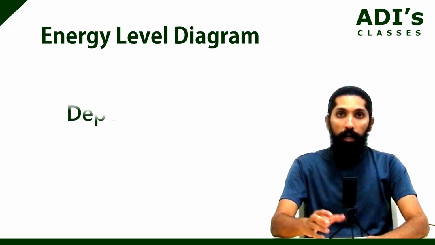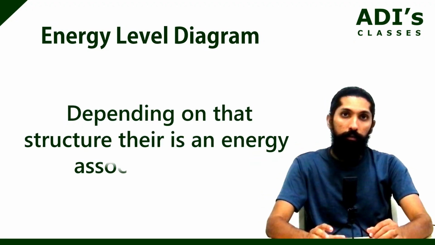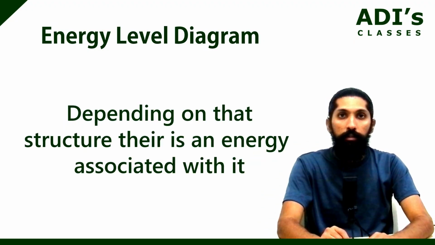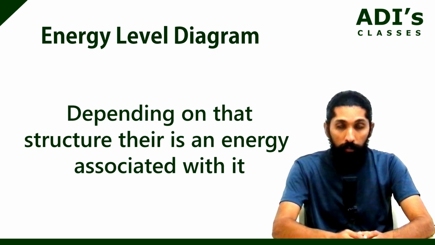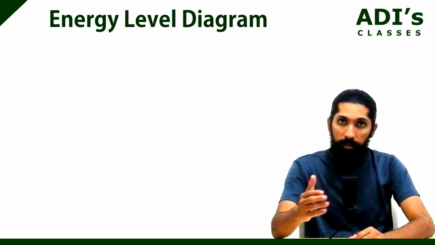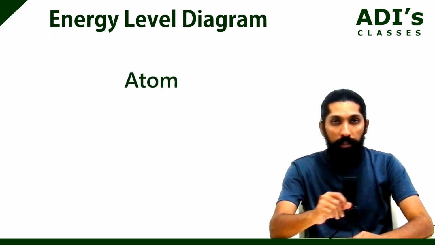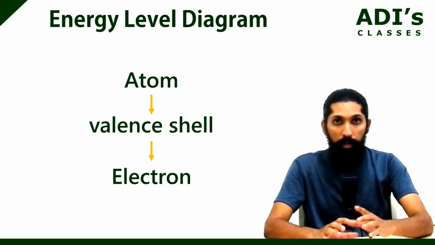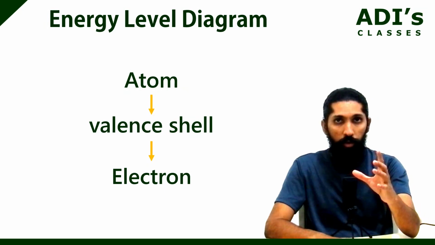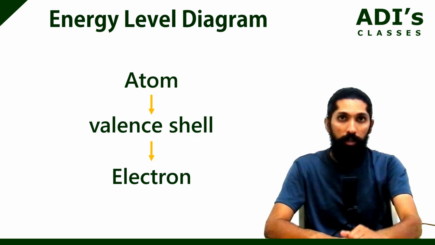Let's come down to the atomic level. Every atom has a valence shell. Since we are talking about semiconductors, conductors and insulators, these three materials have a valence shell.